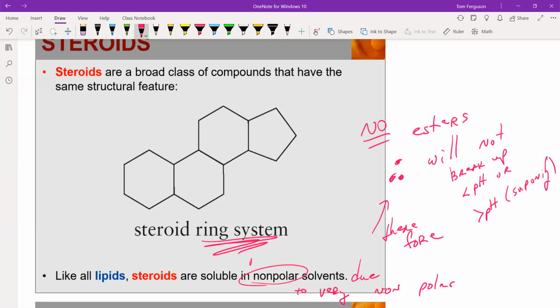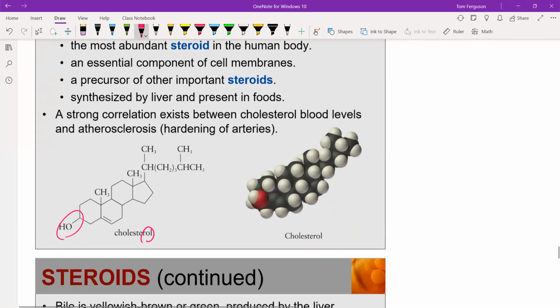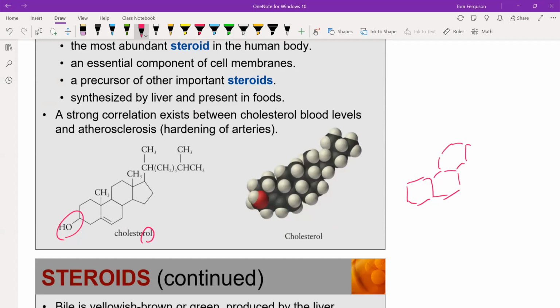So we have 3 6-sided, 1 5-sided ring. If I had a bare, and this is a simple steroid.